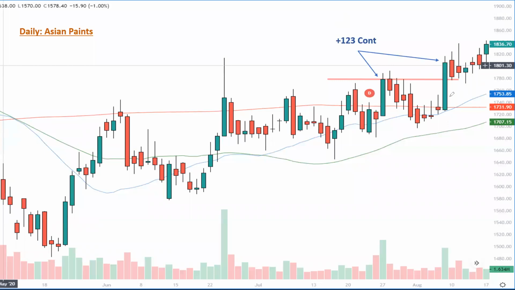So if you see, the moment this third candle has taken out the high of this bar, this is where we can take the trade. Right. Now, as far as the stop is concerned, either we can place our stop here or the recent low, the pivot low. We can place our stop here as well.